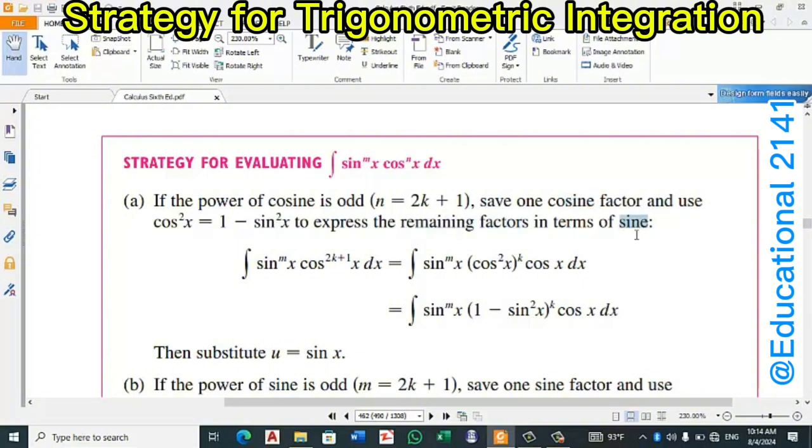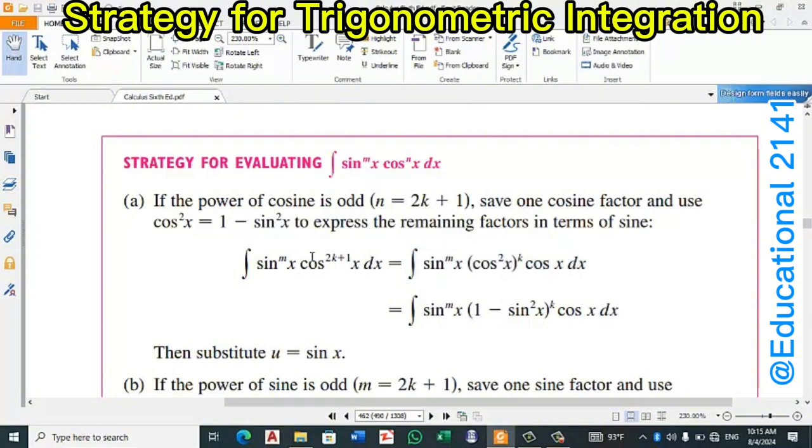Now, look. The integral of sine of x to the power of m times cosine of x to the power of odd numbers dx is equal to the integral of sine of x to the power of m times cosine of x squared, to the power of even numbers, times one cosine of x. Here, we separate cosine of x.